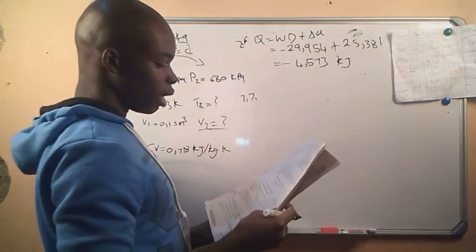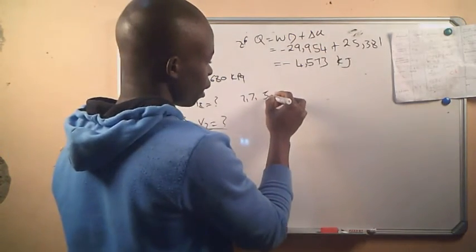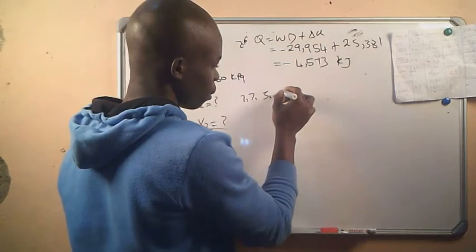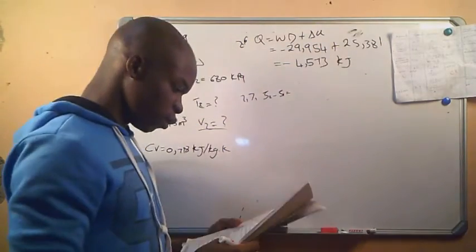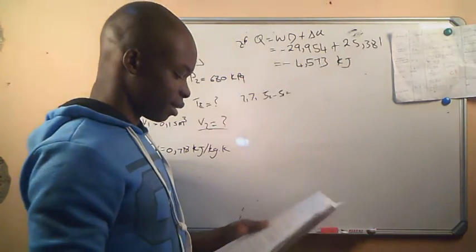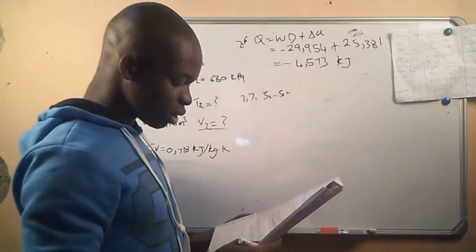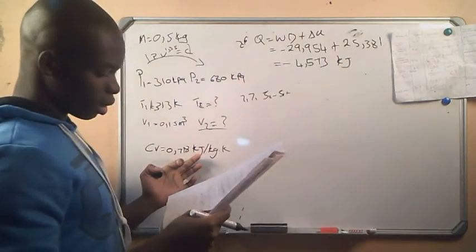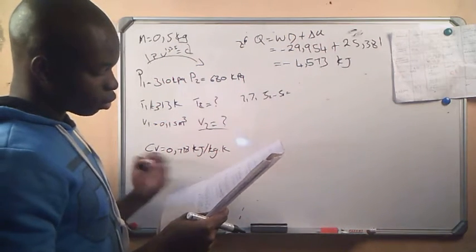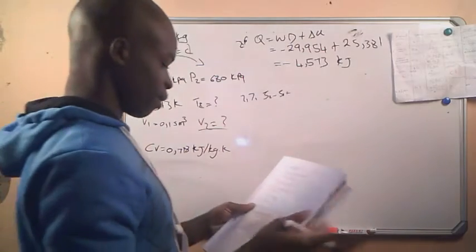They say calculate the change in entropy. We know change in entropy is represented by S2 minus S1. And we have two formulas to calculate this change in entropy. In this case, you will choose the one that will work best for you, considering the information given. So I have chosen to go with this one.